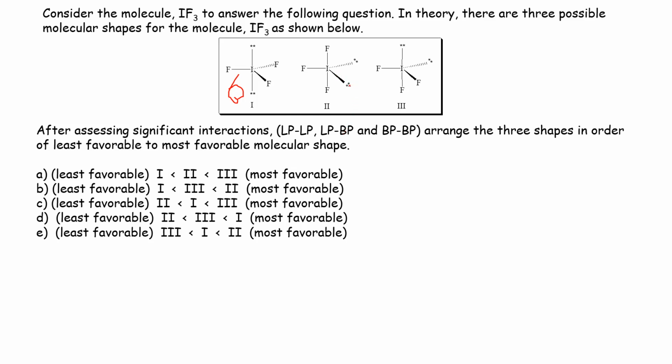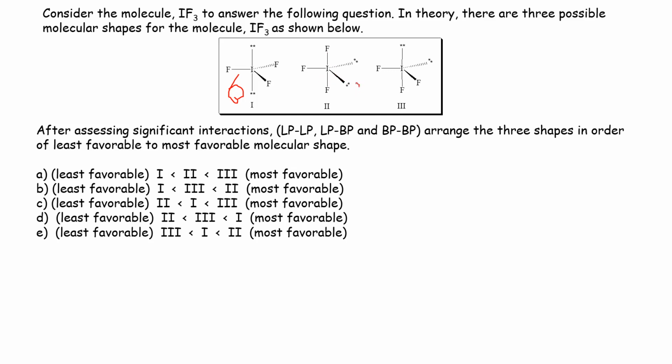Then for shape 2, you see this lone pair interacts only with this bonding pair, that's 90 degrees, and this bonding pair. It will not interact with this bonding pair because the angle here is 120 degrees.